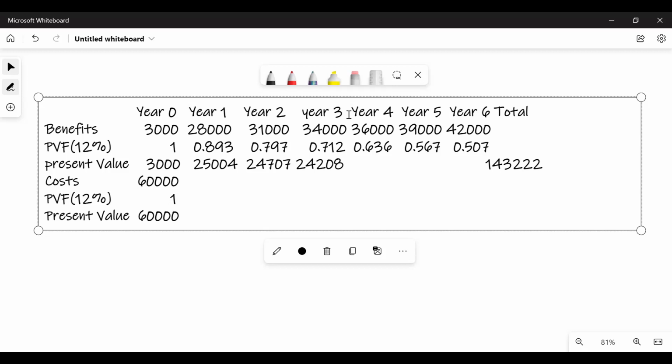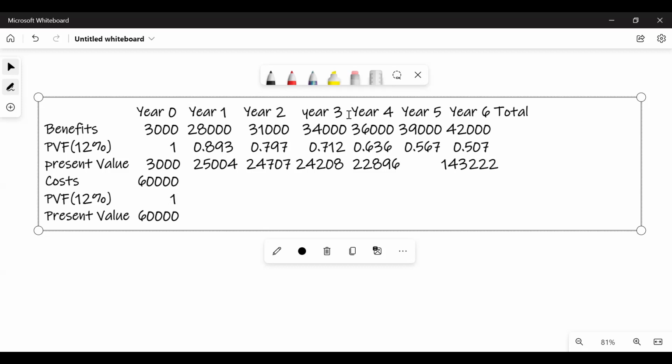36,000 to be received in 4 years: what is the value today? That's the question we are raising. When you multiply by 0.636, we should be getting 22,896.